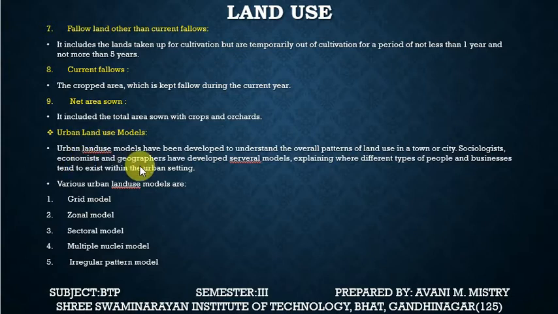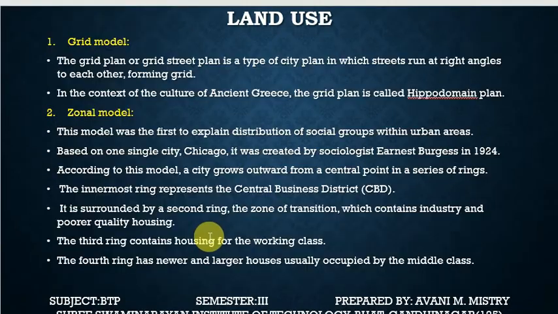Sociologists, economists, geographers have developed several models explaining where different types of people and businesses tend to exist within the urban setting. Various urban land use models are grid model, zonal model, sectorial model, multiple nuclei model, then irregular pattern model.